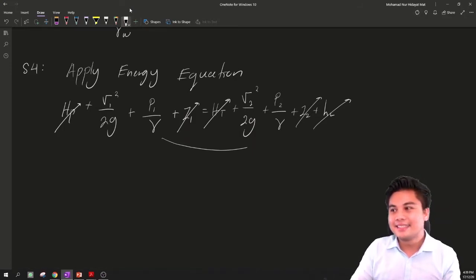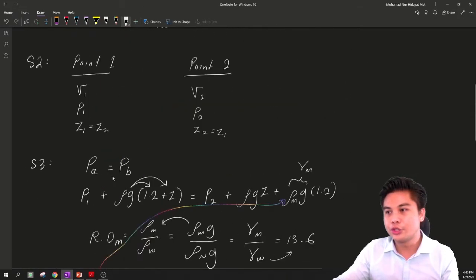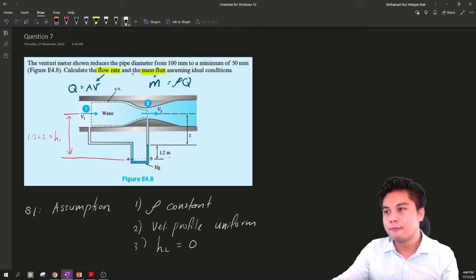Since we have simplified this equation, step number 5 is we need to find the correlation of velocity 1 to velocity 2. By using the continuity equation, we know that the flow rate is fixed, right?